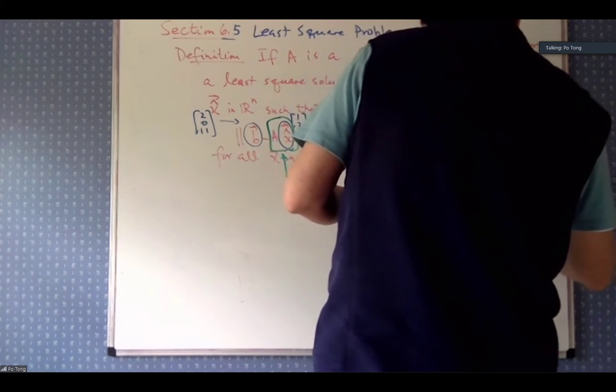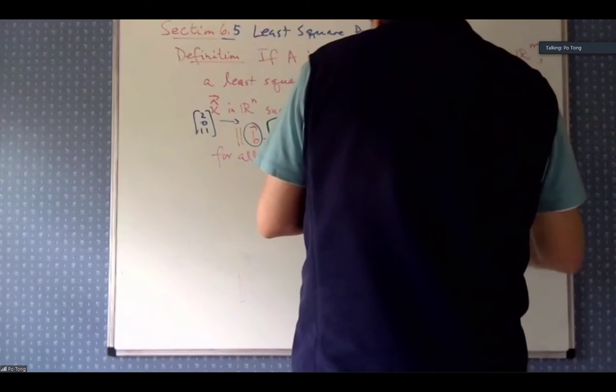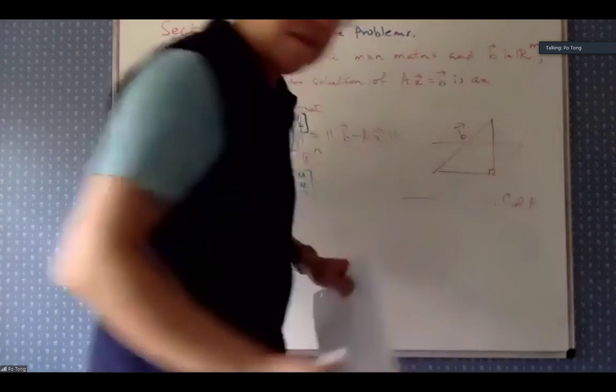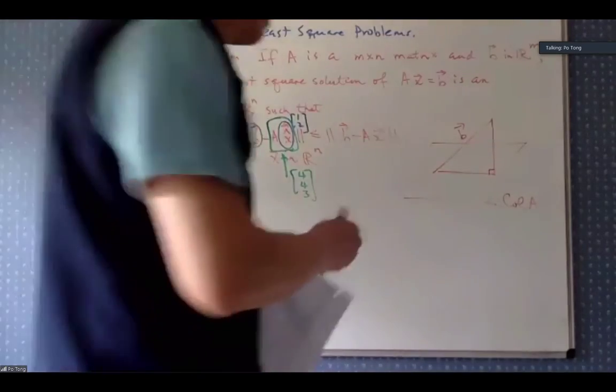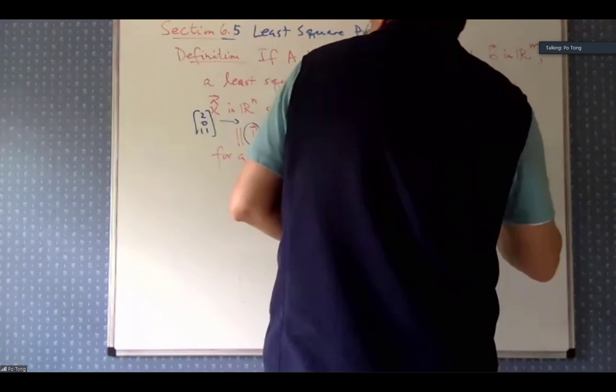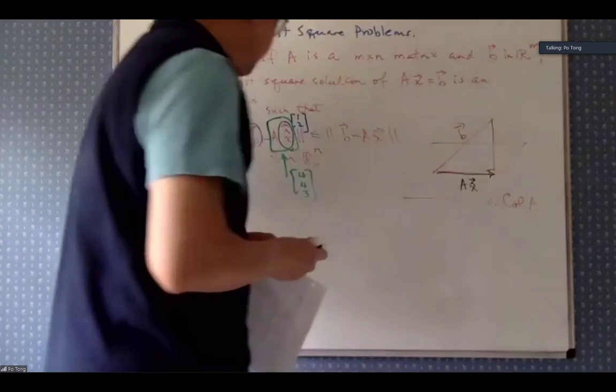This is the column space of A. This is vector B, and this is perpendicular. And this vector here is my AX hat.